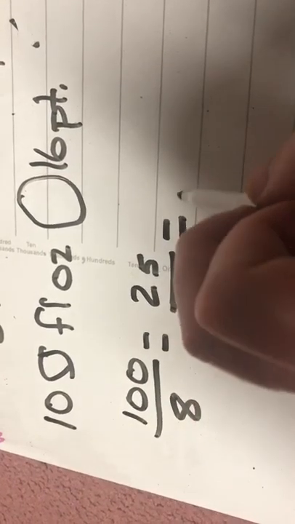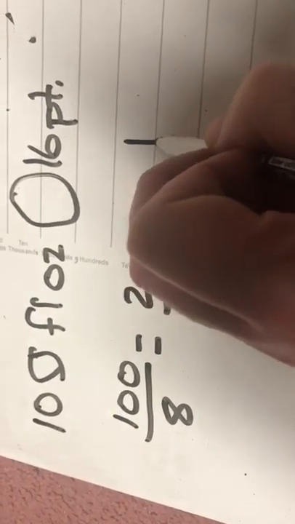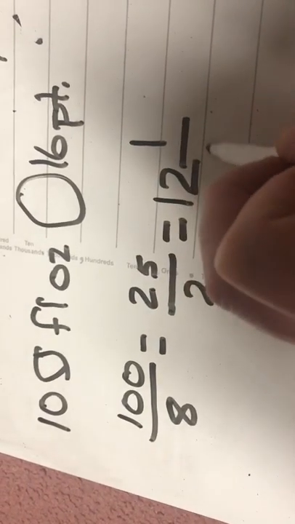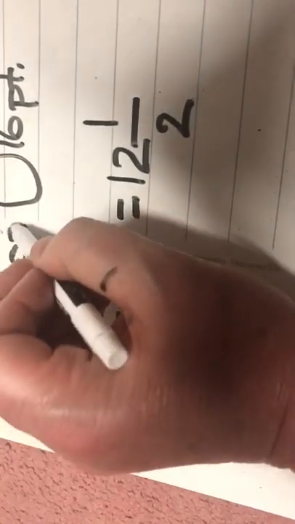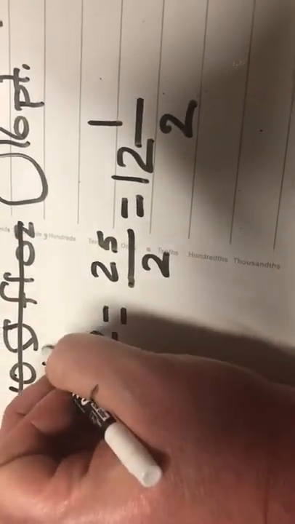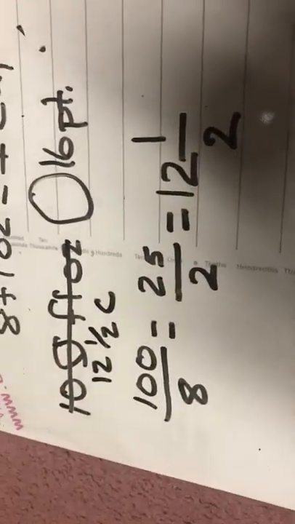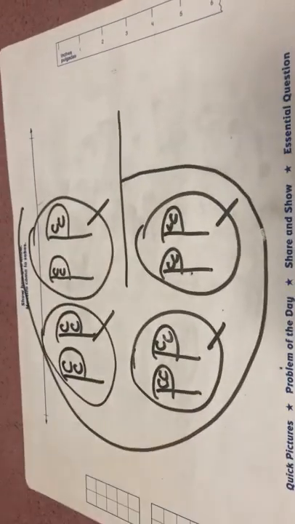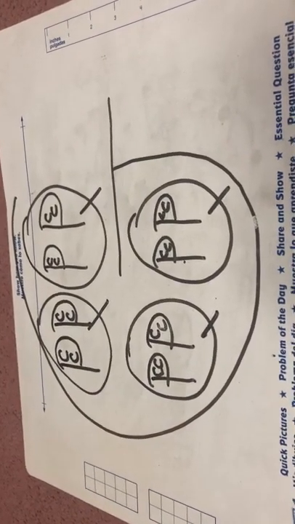2 can go into 25 12 times. There's 1 left over. My denominator is 2. So I get 12.5. My 100 fluid ounces is going to be changed to 12.5 cups. Now I go to my big chart here and I say, oh, okay, but it takes 2 cups to make 1 pint.